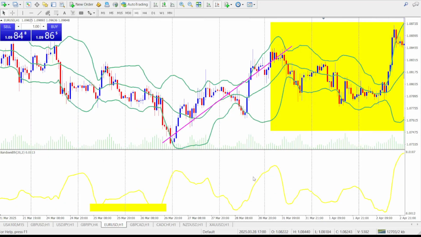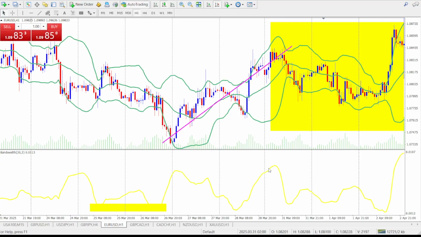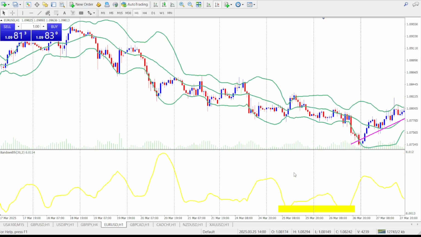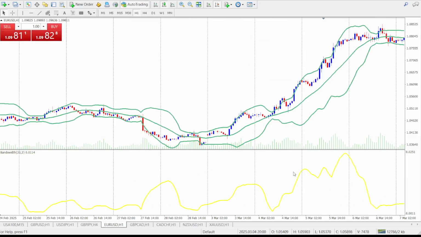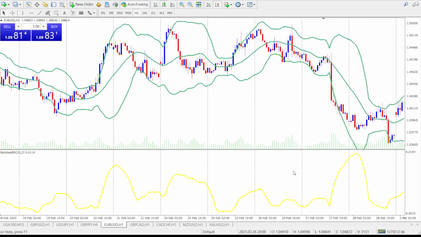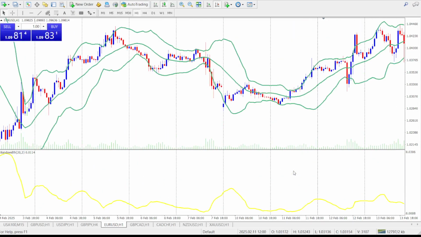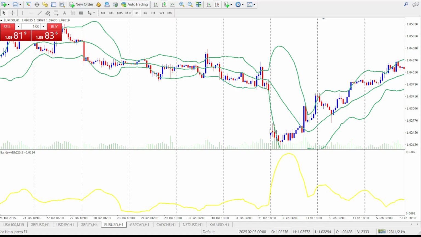Now, for advanced traders, you can also plot trend lines on the Bollinger Bandwidth Indicator to look for breakouts. All right, for example, we can see that we had a consolidation phase around here.